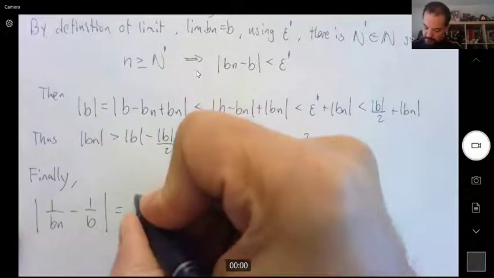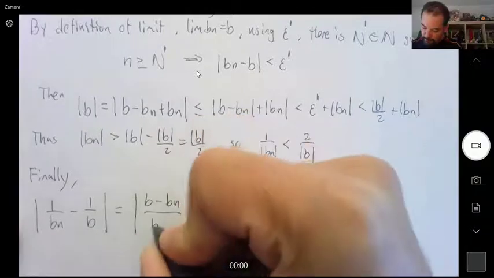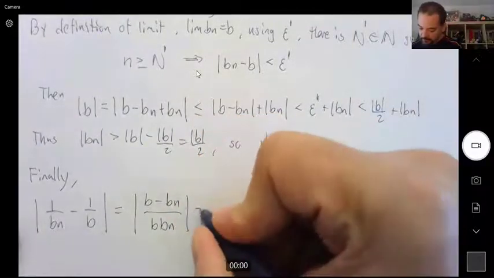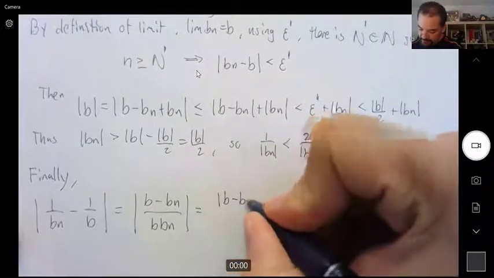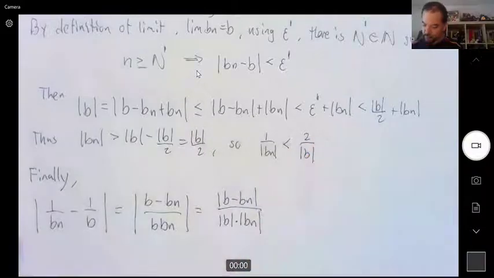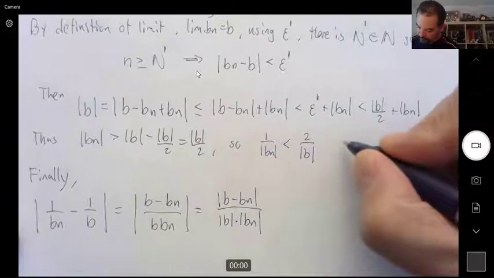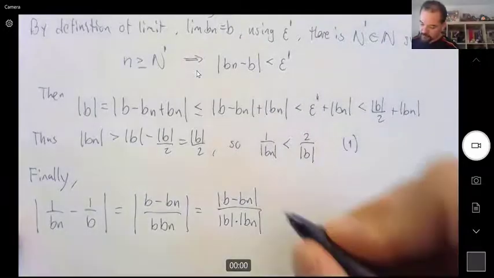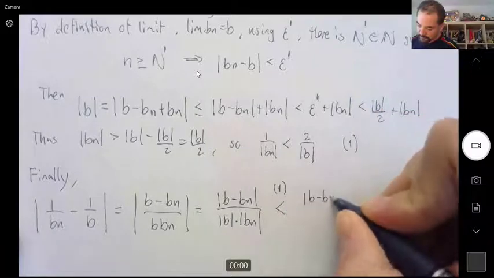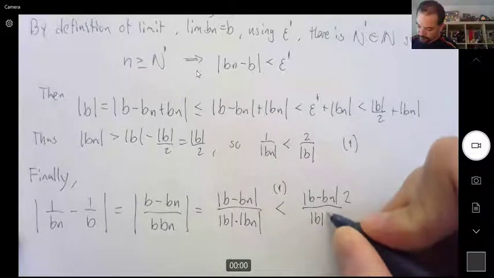Well, that's the same as |b minus bn| over |b bn| when you do the common denominator, which if we separate it is less than |b minus bn| over |b| times |bn|, which by this inequality over here, let me call it 1, is less than |b minus bn| over b squared over 2, right?